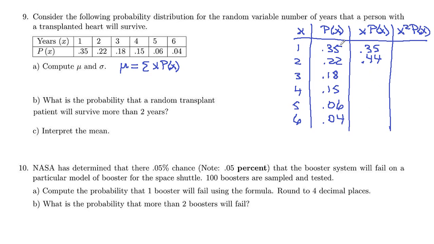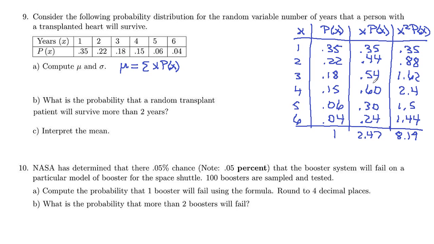X squared times probability, so 1 squared is 1 times 0.35, 0.35. 2 squared is 4 times 0.22 is 0.88, and so on, all the way down. So why don't you fill in the rest of these and pause the video, and then come back and double check your work.